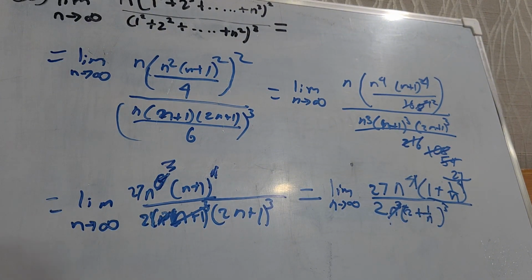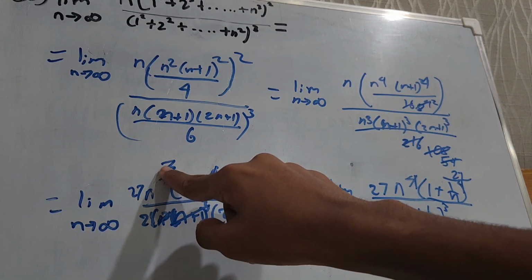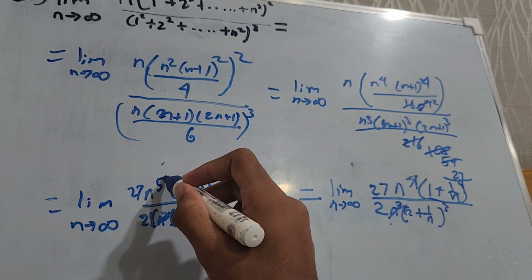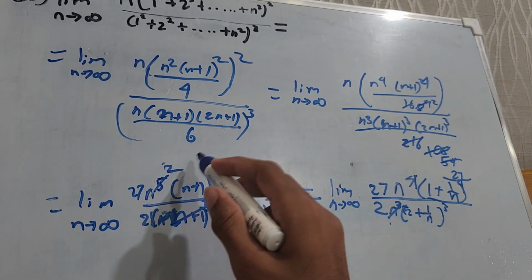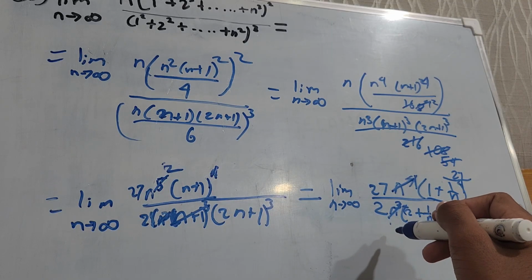And we did another mistake. If you look back over here, we'll get n power 5. Cancel this. Here I'll just cancel the whole thing outright.